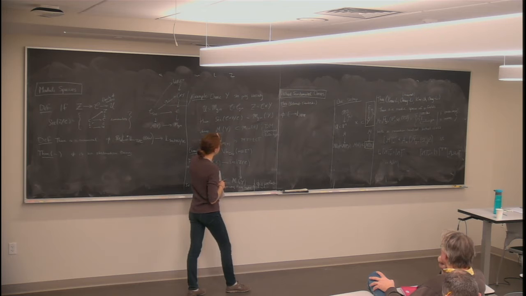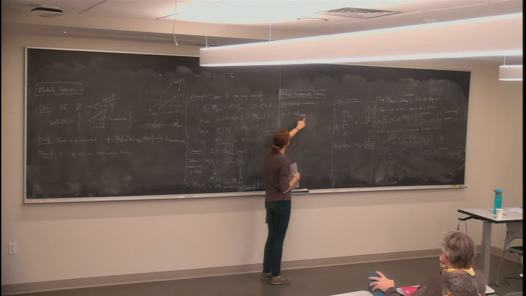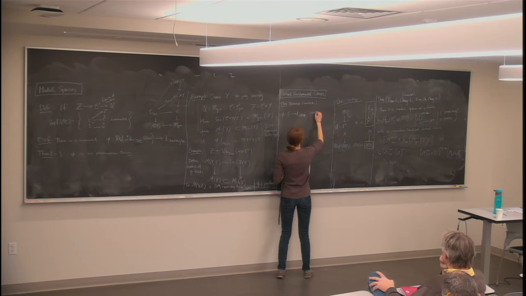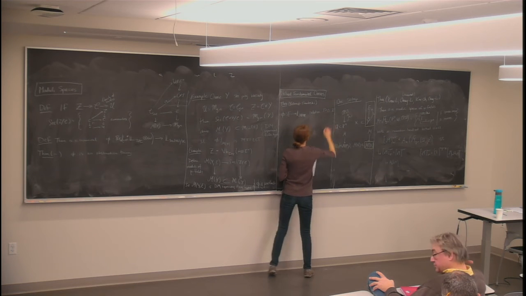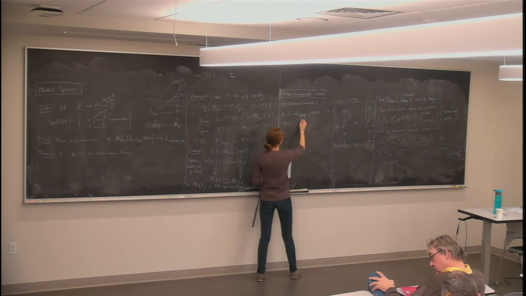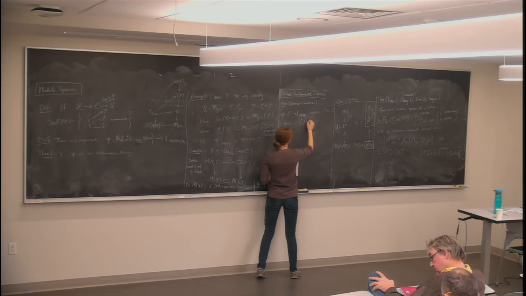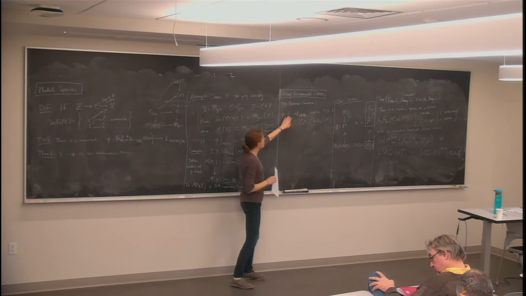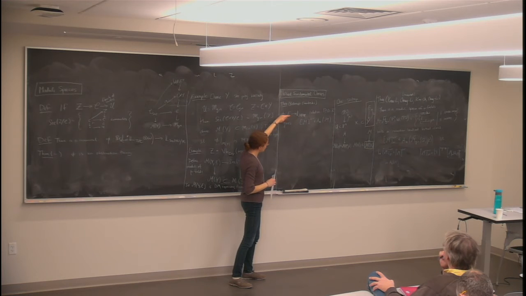So I have some nice thing over my base. So if I have this relative perfect obstruction theory, then I can define from that a virtual fundamental class. So this should be a morphism in the derived category of M.